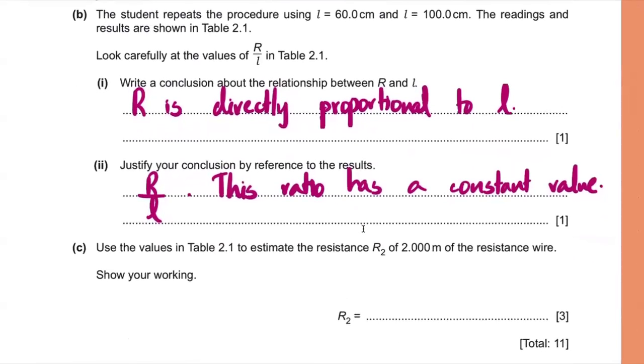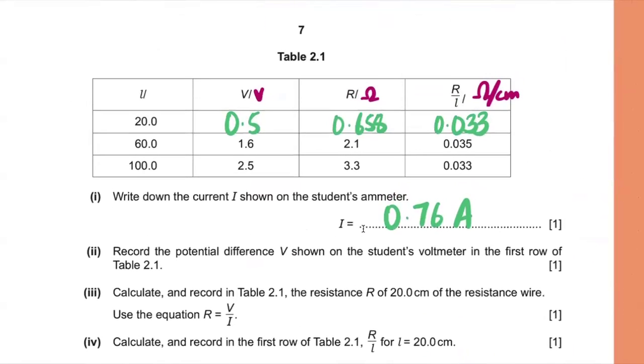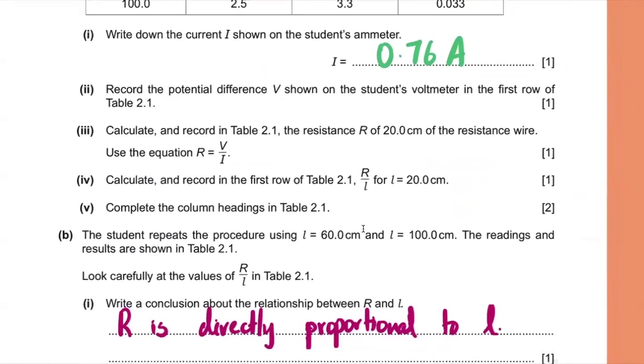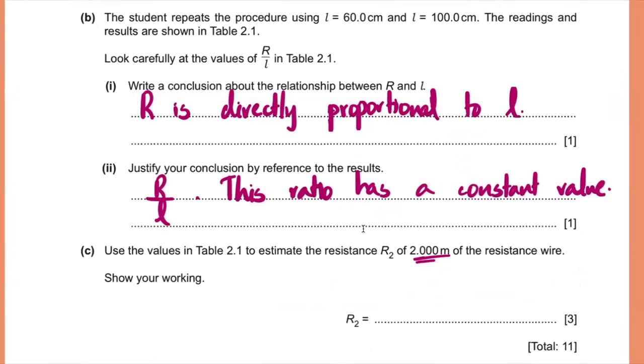Use values in 2.1 to estimate the resistance of 2 meters of the resistance wire. So 2 meters, and because our R over L values were in centimeters, I would have to convert this, right? 2 meters would be 200 centimeters. So this is my R over L value, which was 0.035 or 0.033.